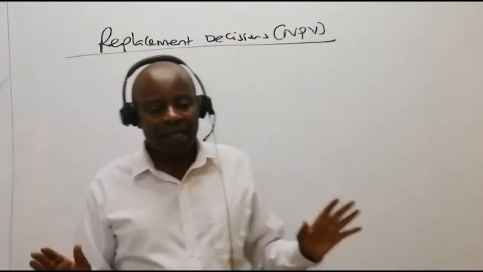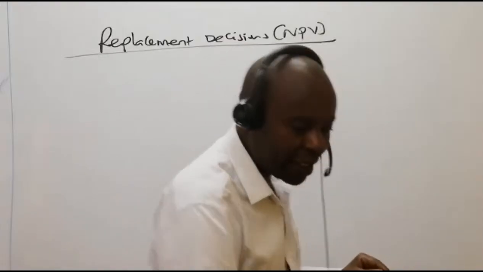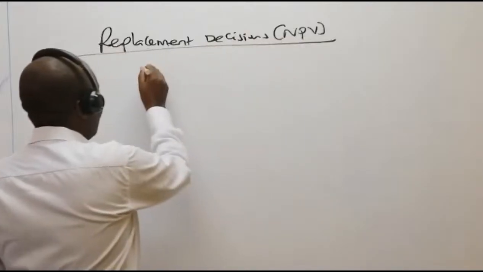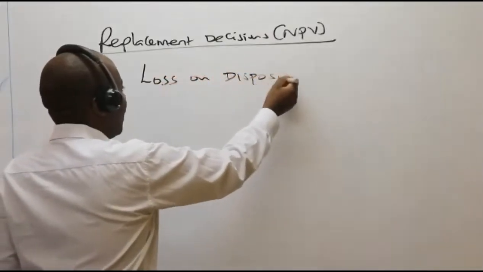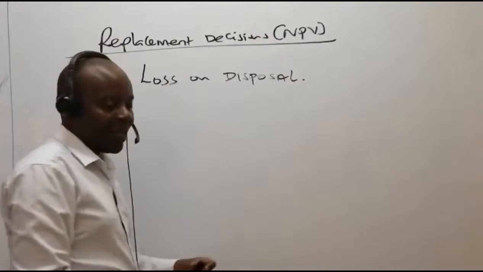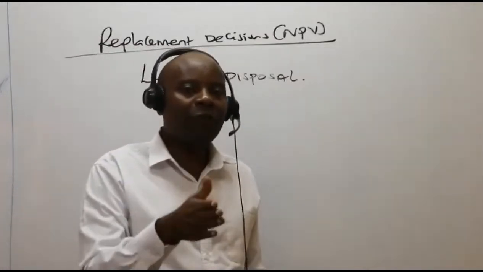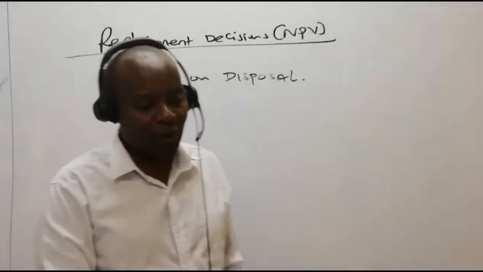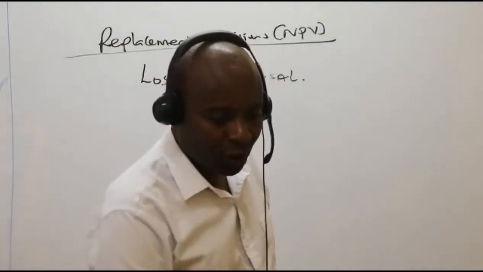And the very first thing we will do is to calculate the loss on disposal. I'm telling you, you buy a machine today, a 10-year-old machine, and then at the middle, year number 5, you start selling it, chances are you'll make a loss. Straight away, you'll make a loss. So what is the loss on disposal?